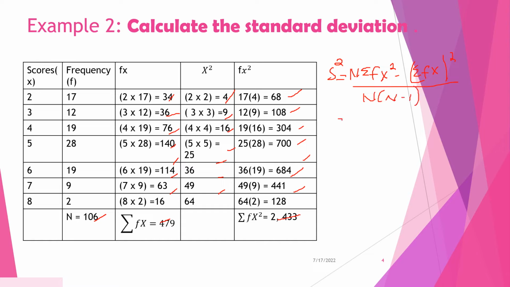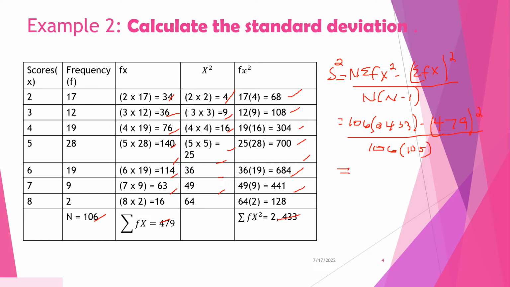So we have 106 times 2,433 minus 479 squared over 106 times 105, because 106 minus 1 is 105.